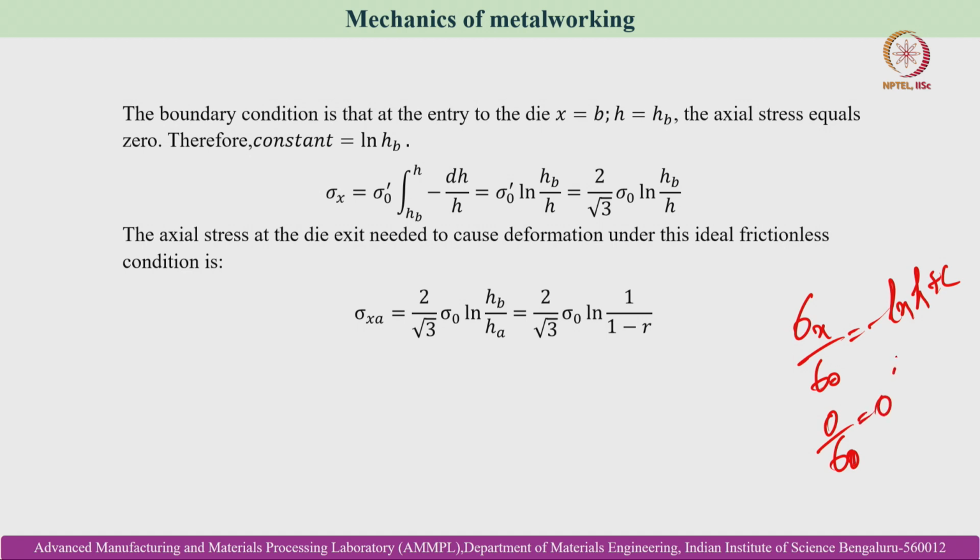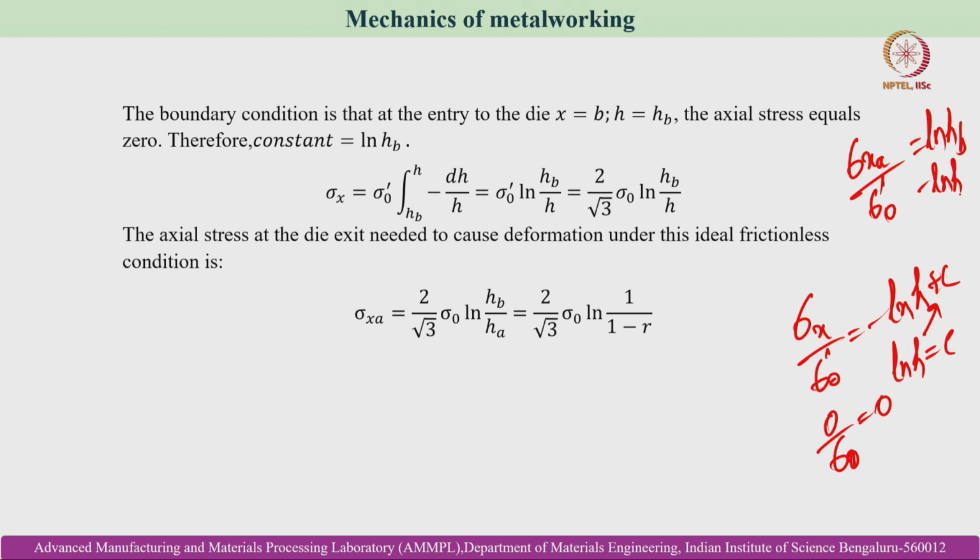That means the constant is ln h b. Putting this value again over here, sigma x a by sigma 0 prime is equal to ln h b minus ln h.